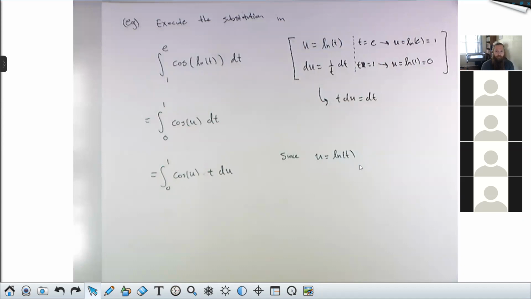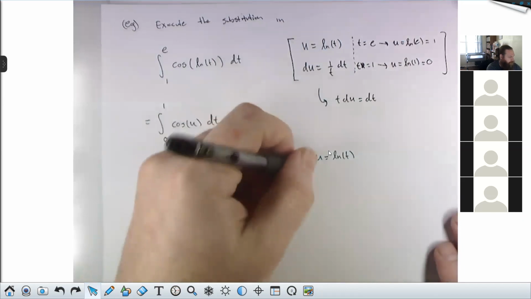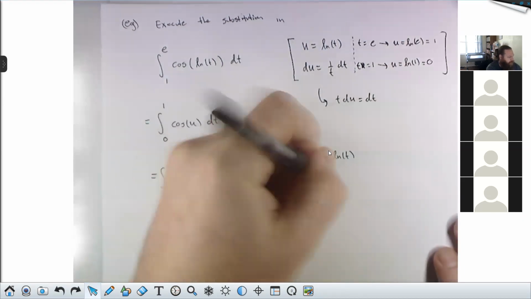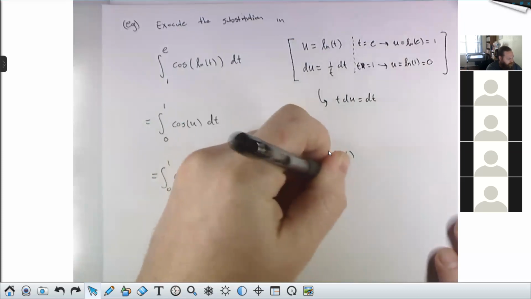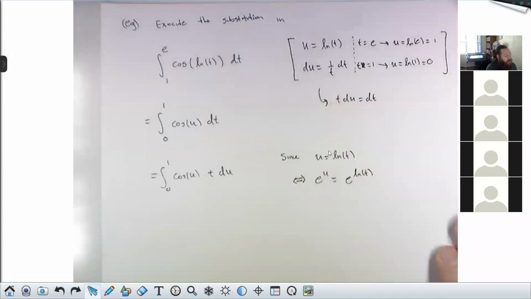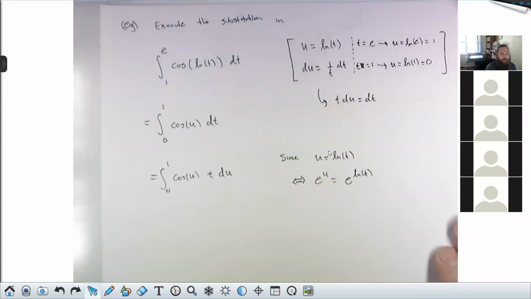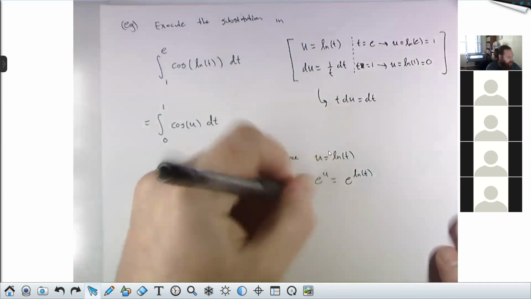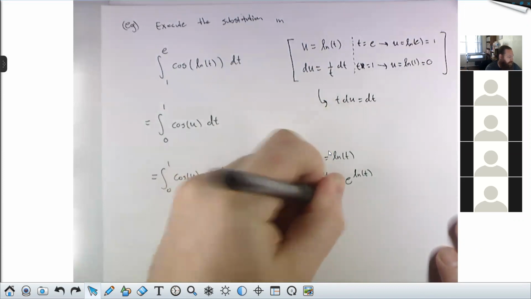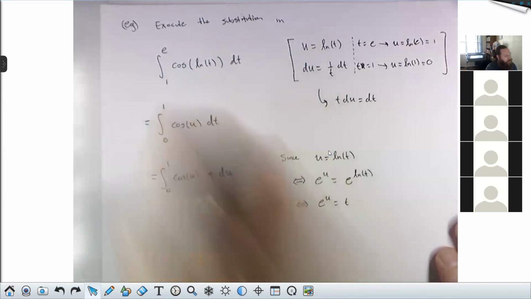Would it be e raised to u is equal to t? Yeah, very good. Remember, the way you solve logarithmic equations is something I'm teaching my college algebra students right now. You exponentiate on both sides, meaning you put both sides in the exponent of e. And then on the right-hand side, e raised to the power of ln t is just t.